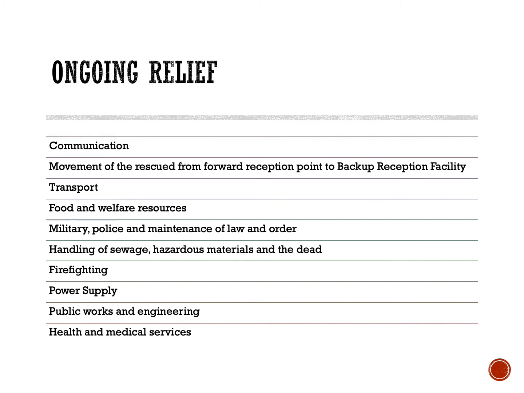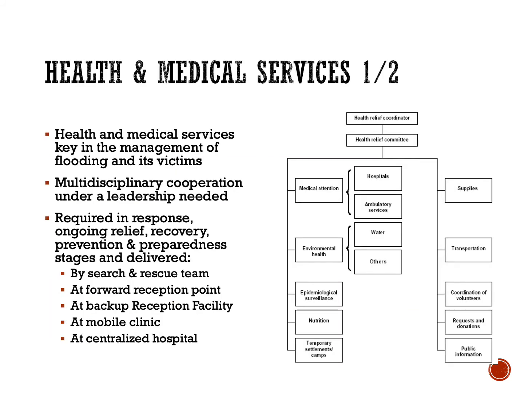Then you also think of the health and medical service that needs to be provided, because people are likely going to fall ill because of the effects of flooding. So let's narrow down to the health and medical services. It's quite key during flooding and for flooding victims, and health and medical services are provided not just during search and rescue, but even up to recovery, right?